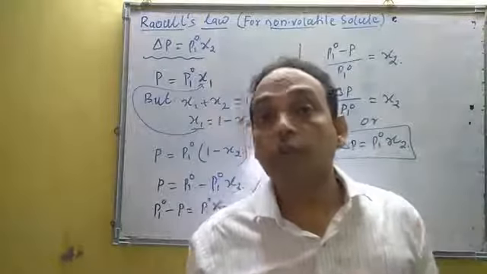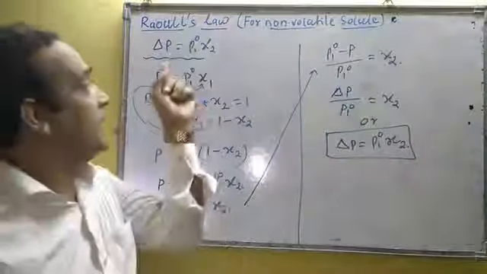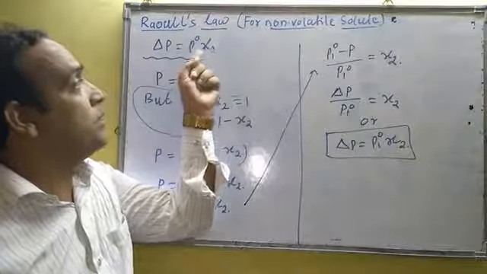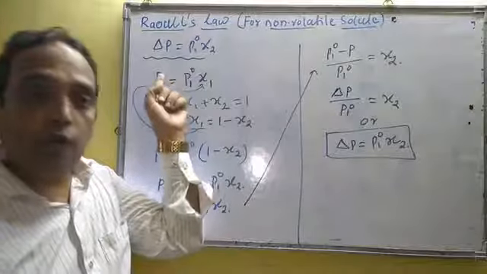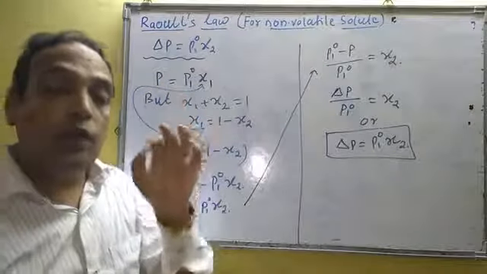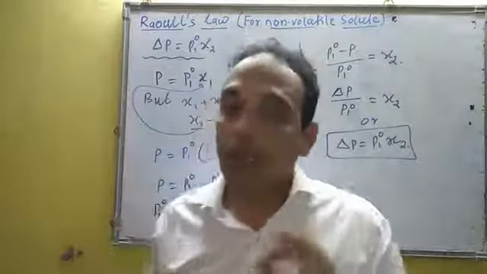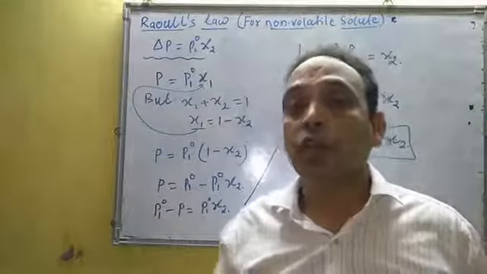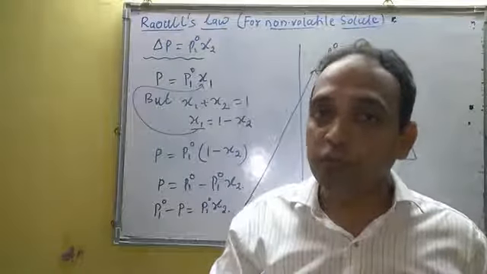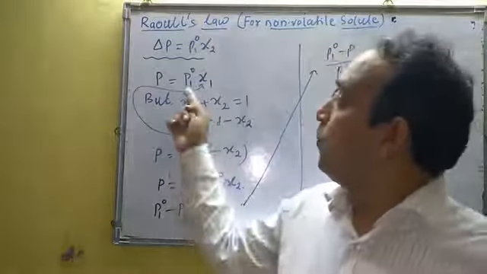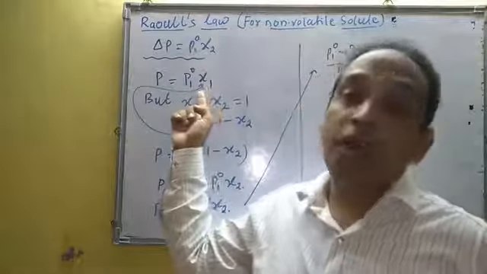First was the Raoult's law for binary solution. Now note down this point. Show that delta P is equal to P10 x2. So start: according to Raoult's law for binary solution, the vapor pressure of a volatile component in the solution is equal to the vapor pressure of the pure component multiplied by its mole fraction.